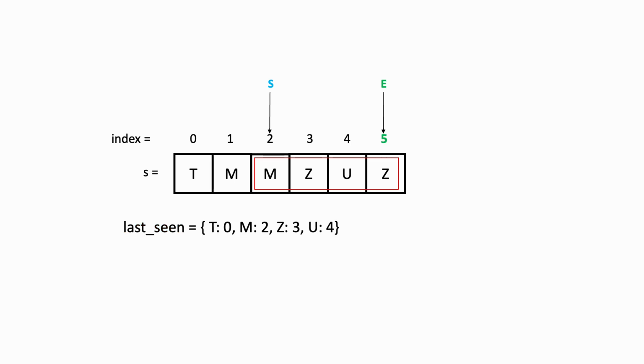The current element Z, which e is pointing to, is present in last seen, and the index of the current character in last seen is 3, which is in the sliding window between the s and e pointers. So we will now have to move the start pointer of our sliding window. We move the start pointer to the index of the repetitive character plus 1.